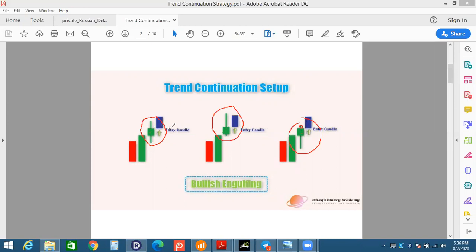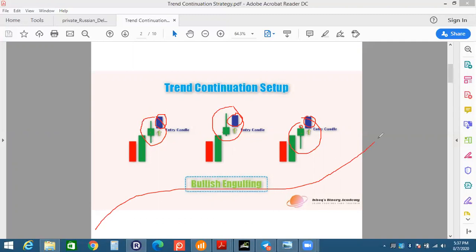The probability is that the next candle will be green. On this one, you can place a trade for 1 minute only.